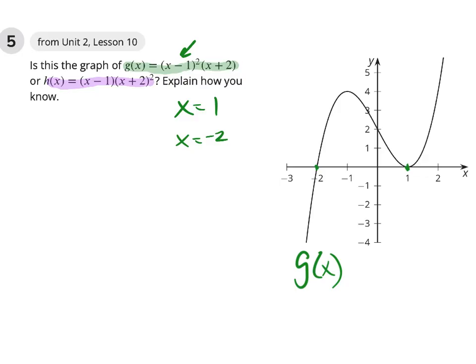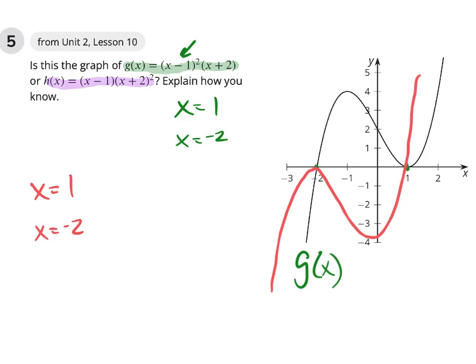Now, if you're really curious about what H does, it's the same intercepts, but the multiplicity is at -2. So it would look something like this, come back down, and then go back up. All right, so be careful on that one. That's all for this problem.